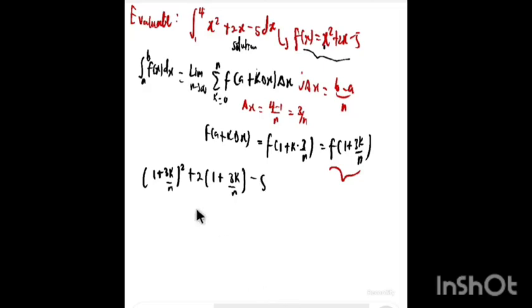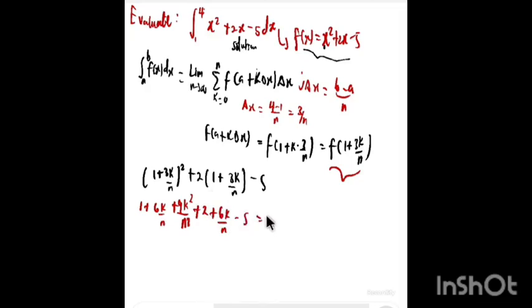If we expand 1 plus 3k over n to the second power, this is going to give us 1 plus 6k over n plus 9k squared over n squared. Then if you open the bracket right here also, you have 2 plus 6k over n, then minus 5.